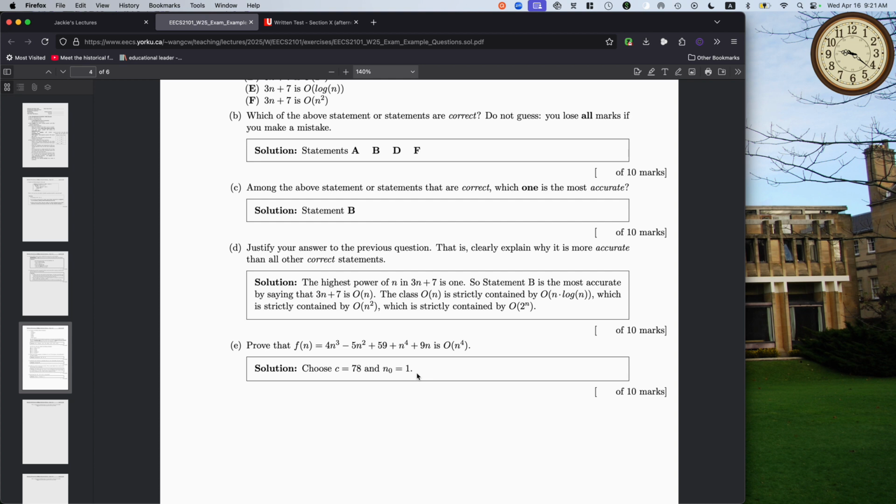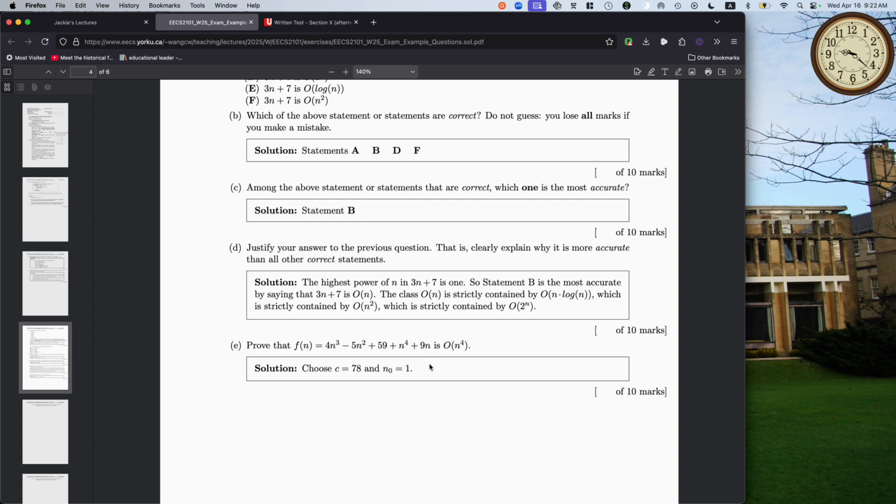Apparently, we are using the strategy we spoke about in class: the sum of the absolute values of the multiplicative constants for all the powers in each term. If you add it up together, it's going to be 78. According to the little proof we did in class, this one is guaranteed to work.